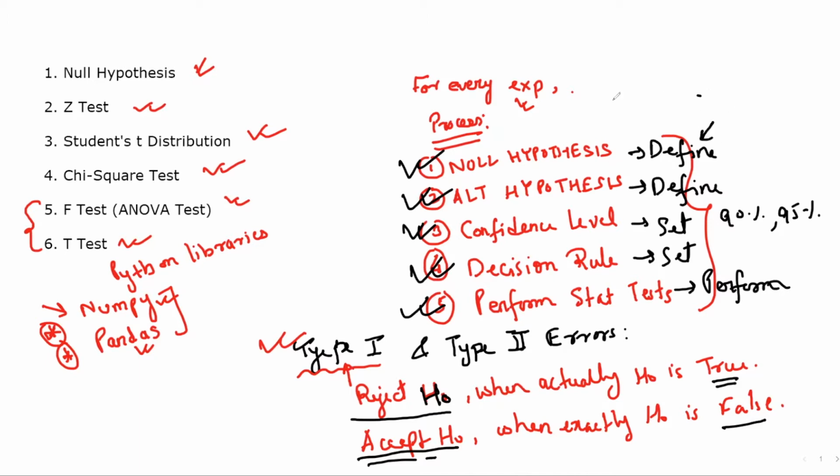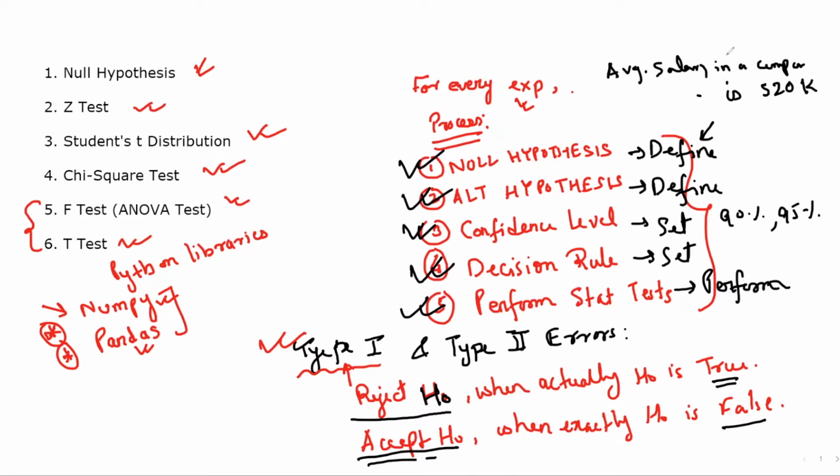When you are defining your null hypothesis, to give you an example, let's say the average salary in a company is 520k. Let's say it's too much, right?